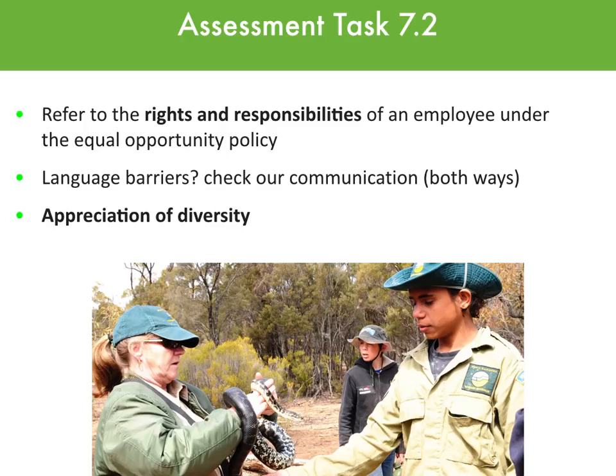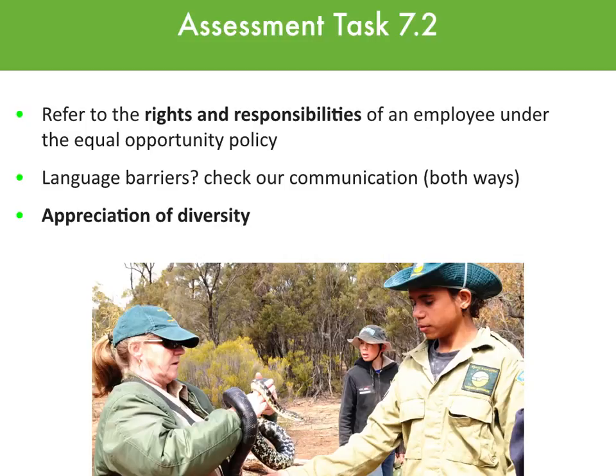So I want you to have a look at that, the rights and responsibilities of an employee under that equal opportunity policy that we talked about a few minutes ago. Check when you're answering this scenario how we can work against any language barriers.